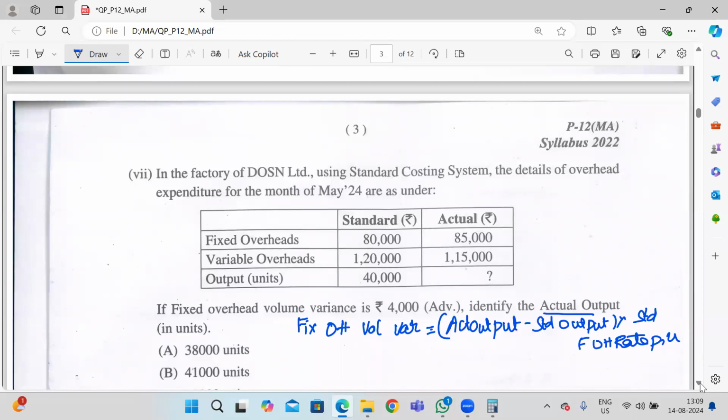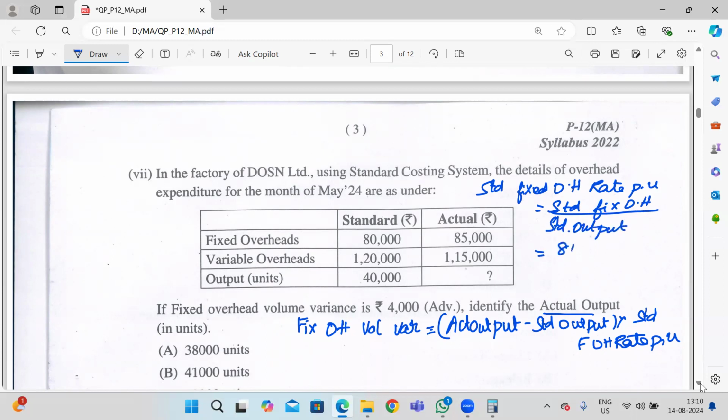First I need to calculate the standard fixed overhead rate per unit. That means standard fixed overhead divided by standard output.